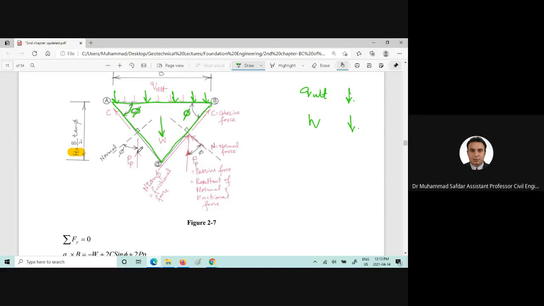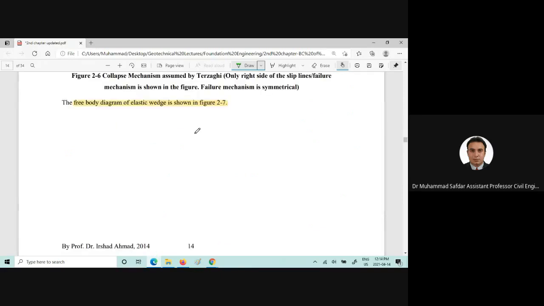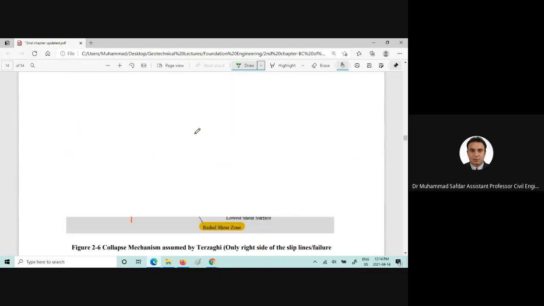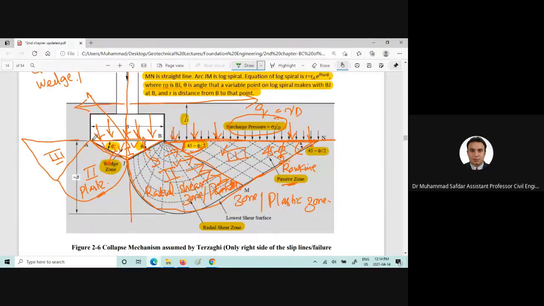Now the PP, but let's say this is the normal force, is acting onto the side of this wedge. So just to recall, this wedge is in here, and we are trying to find out the bearing capacity of the soil.